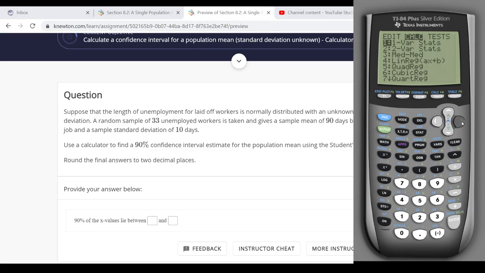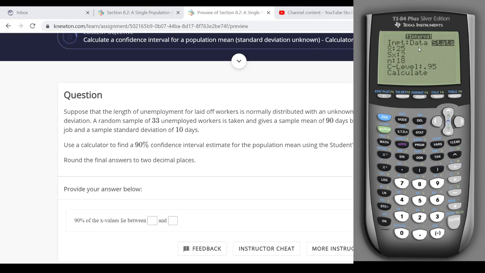Go over to tests. If you recall from section 8.1, z interval was for a population mean when sigma is known. Right below it, number 8, t interval is for estimating a population mean when sigma is unknown. So I enter on this.